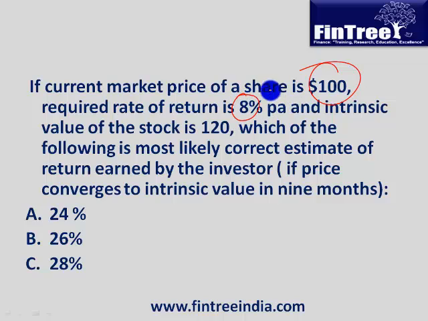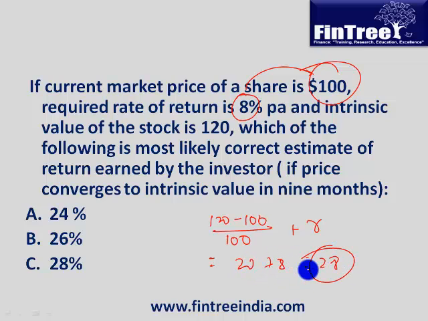What we've done is, just to make an approximation, we've taken 8 on this. So this is an approximate model. They've given a formula: the difference between 120 and 100, plus the required rate of return. So with this logic, this becomes 20 and 8. It becomes 28. But this is an approximate formula.